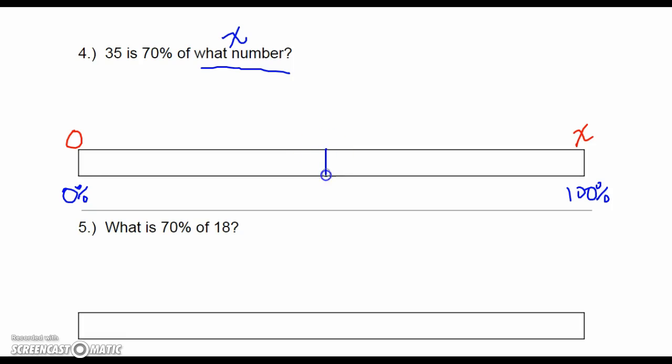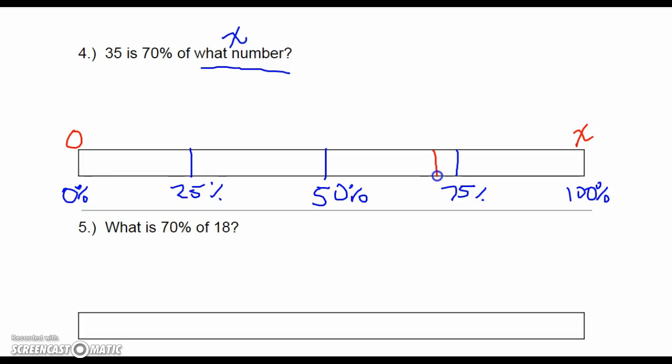The tape diagram helps me to estimate, because I know that 50% is half, 75% is 3/4, and I could think about 25% also, that's 1/4. What I know from this problem is that 35 is 70% of this number.